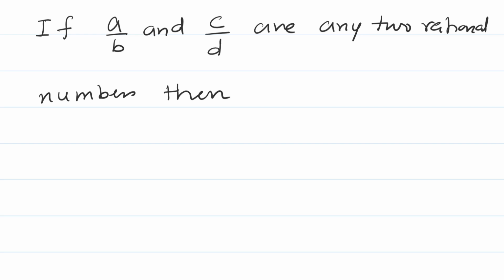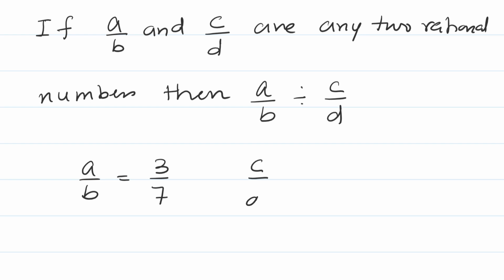If A upon B and C upon D are any two rational numbers, then A upon B divided by C upon D is not necessarily a rational number. For example, consider A upon B as 3 by 7, C upon D is equal to 0 upon 5.